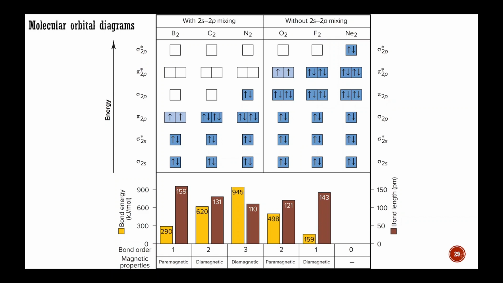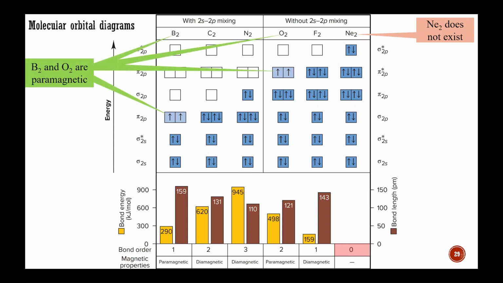There are also several important predictions made by the molecular orbital diagrams presented here. First, molecular orbital theory correctly predicts that neon 2, with a bond order of 0, does not exist. Second, it correctly predicts the magnetic properties of the molecules that do exist. Both diboron and the molecule of oxygen are known to be paramagnetic.